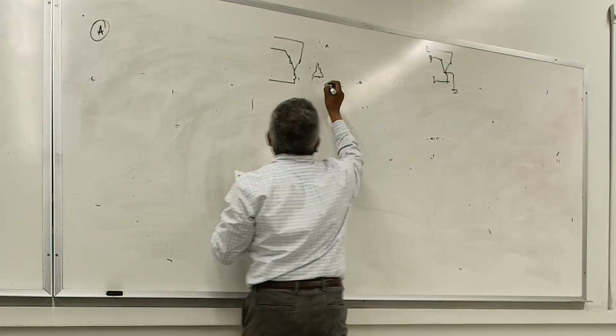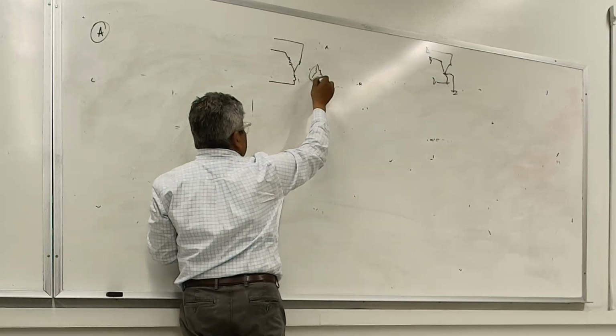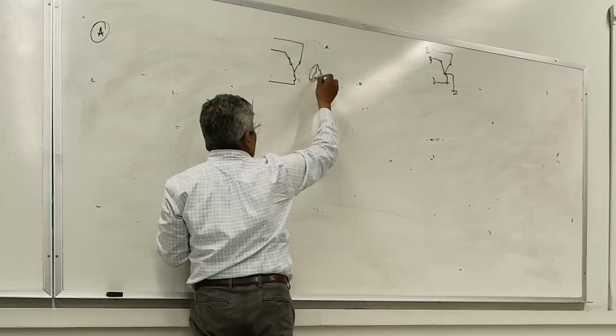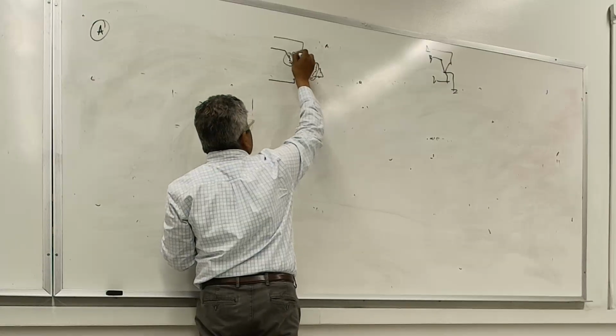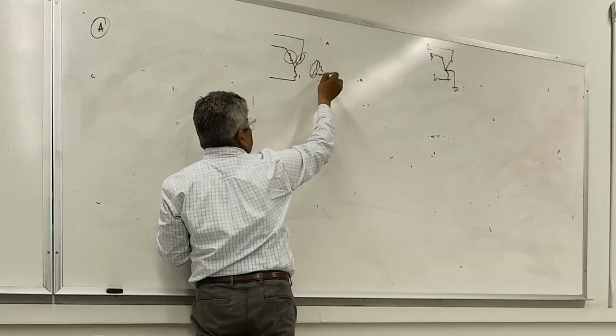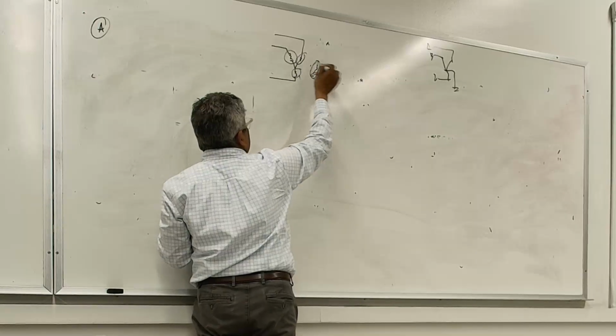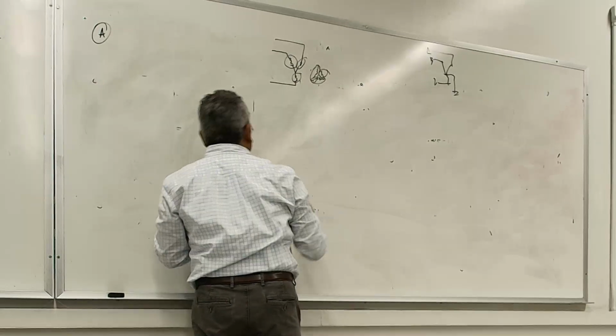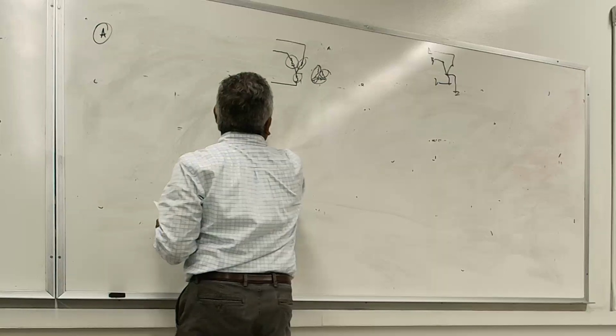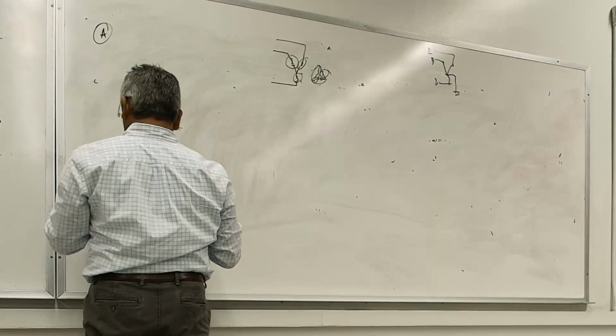This winding is coupled with this winding, this winding with this winding, and this winding with this winding. So it's a Y delta.